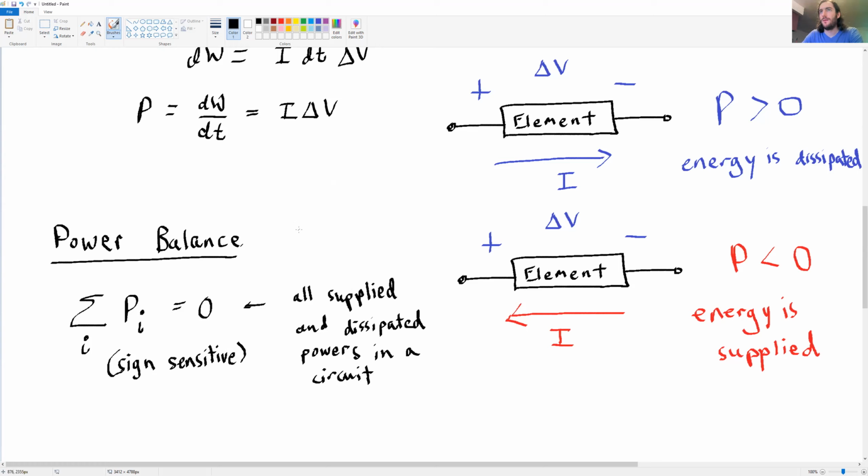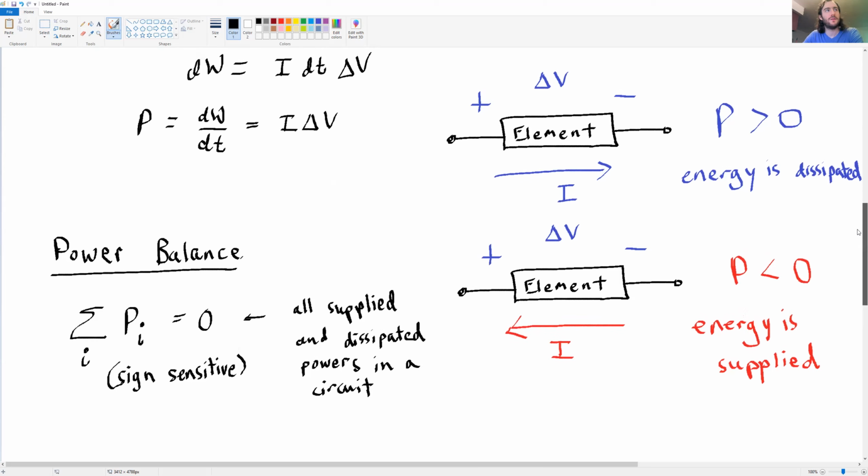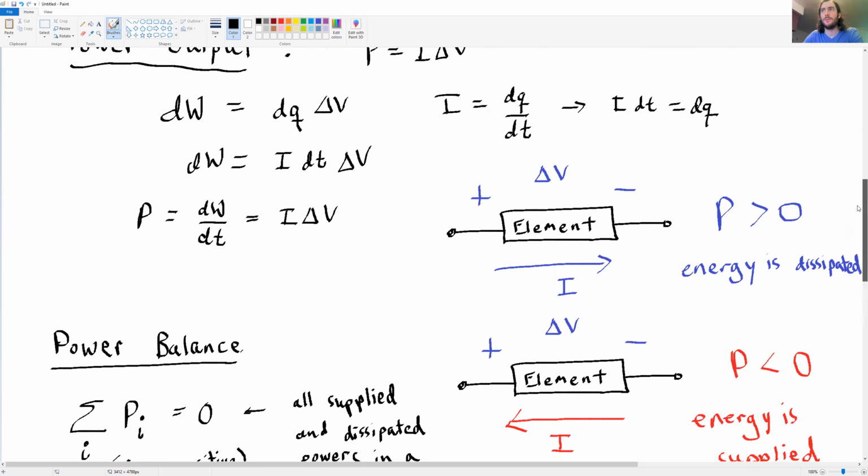Now, back to the example, we want to calculate the power output of the EMF of each battery. So we have two sources of EMF in the circuit. I think I've given you enough time to copy this down, so I'm going to scroll up now.